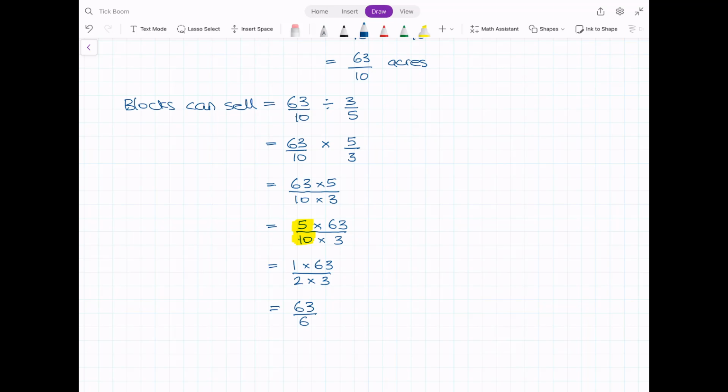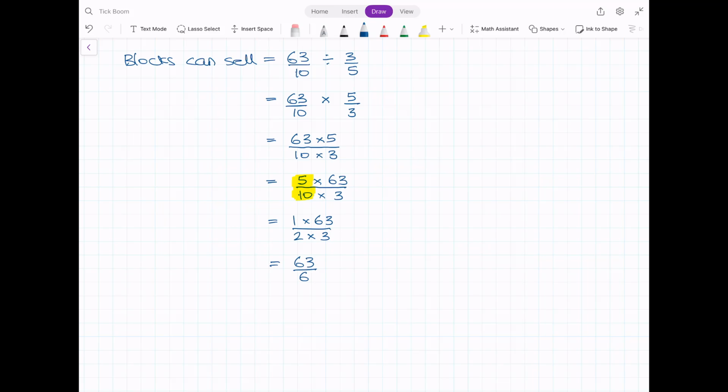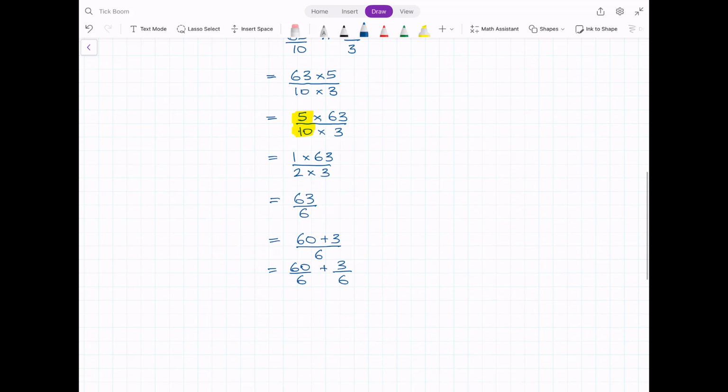And it might be helpful here to write this as a mixed numeral. So 63 is basically 60 plus 3, all being divided by 6. And if we break this up, we'll end up with 60 over 6 plus 3 over 6. And 60 over 6 is simply 10. And when we add to that 3 over 6, which is the same as 1 over 2, we get 10.5 blocks.